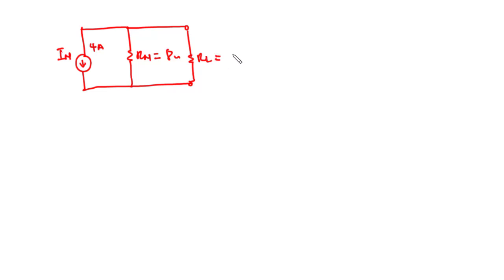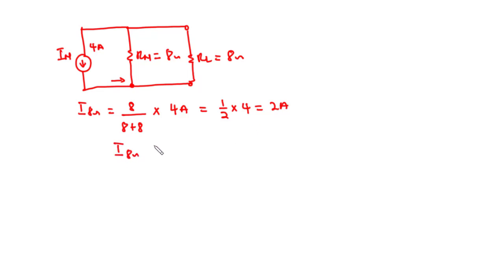And then we also have RL to be 8 ohms. So the current flowing through the 8 ohms resistor is equal to the value of Rn divided by the sum of the two resistors times the value of the current approaching the junction, which is IN, 4 amperes. So 8 divided by 16 is 1/2 times 4 is 2 amperes. So the value of current flowing through the 8 ohms resistor is 2 amperes.